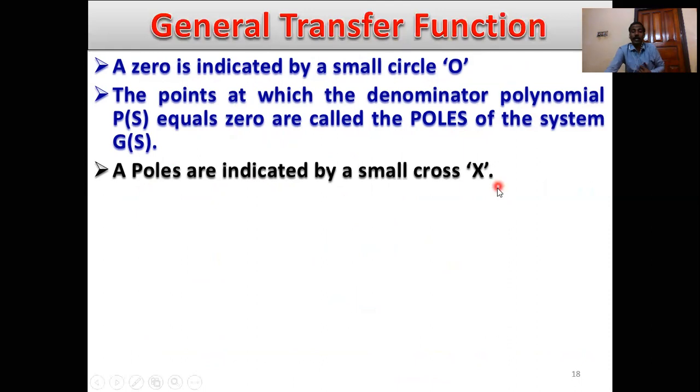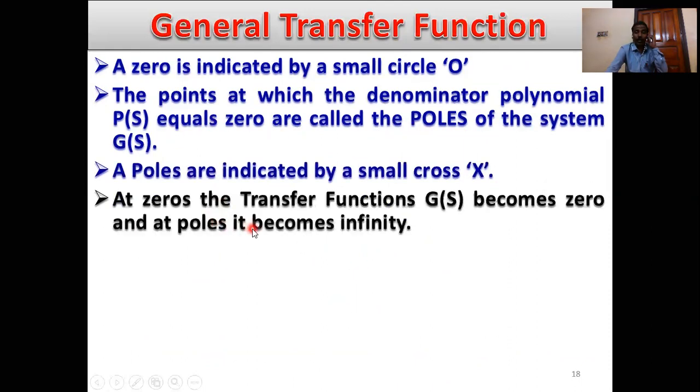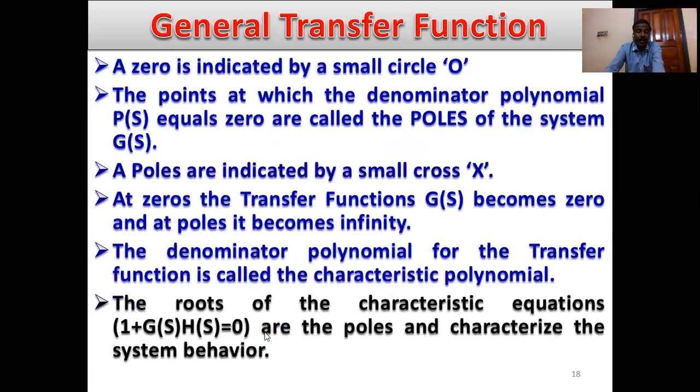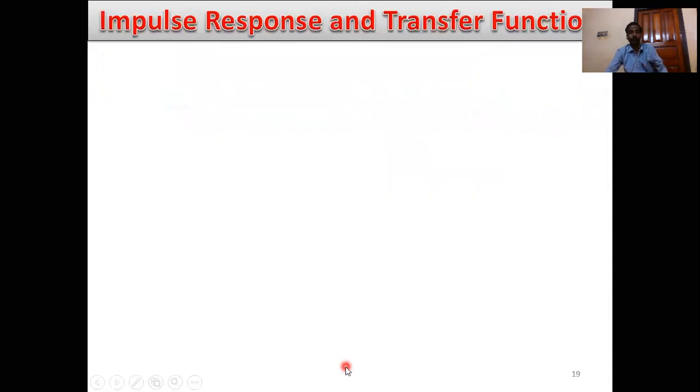So a pole is indicated by x and a zero by a circle. At a zero, the transfer function G of S becomes 0 and at a pole it becomes infinity. The denominator polynomial of the transfer function is called the characteristic polynomial. Again, the roots of the characteristic equation 1 plus G(S)H(S) are the poles and characterize the system behavior.